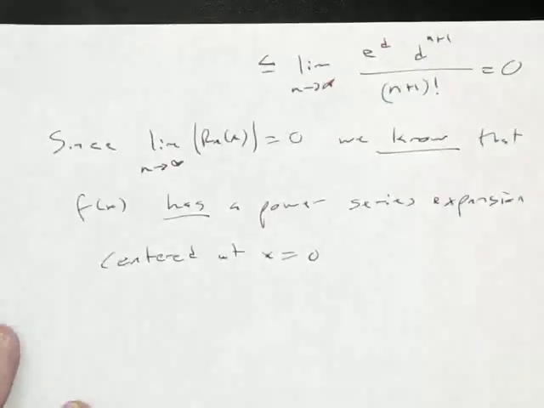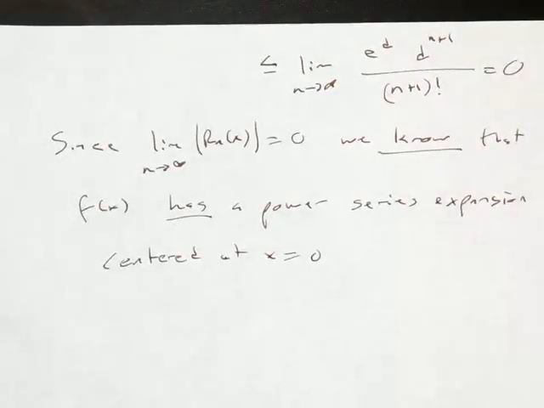And that was exactly the conclusion that Taylor said, hey, if this remainder's limit is 0, you must have a power series expansion. And the Taylor series must work.